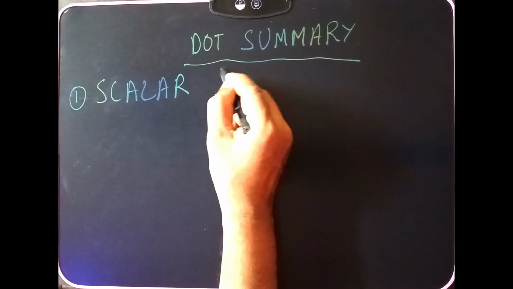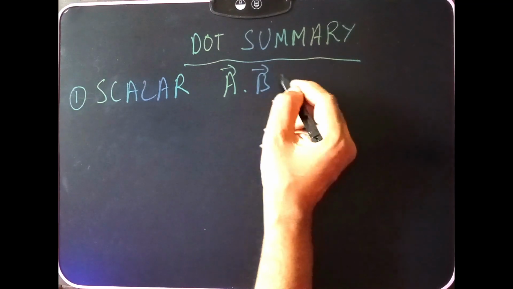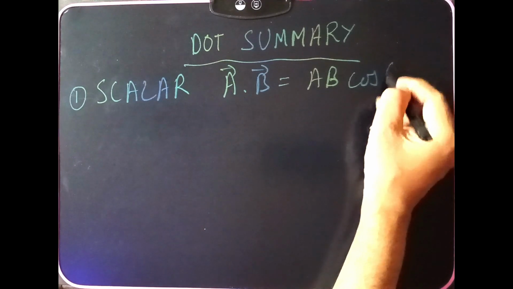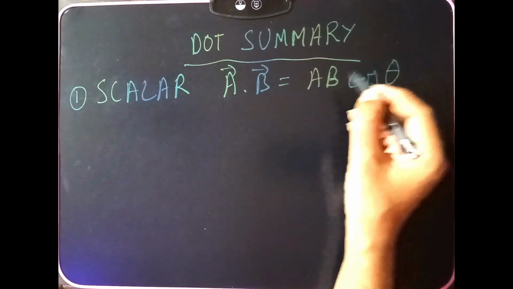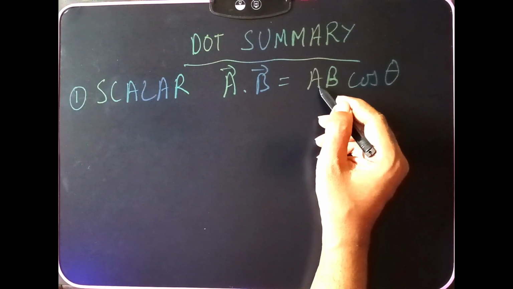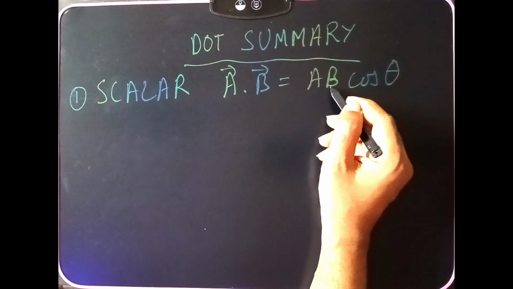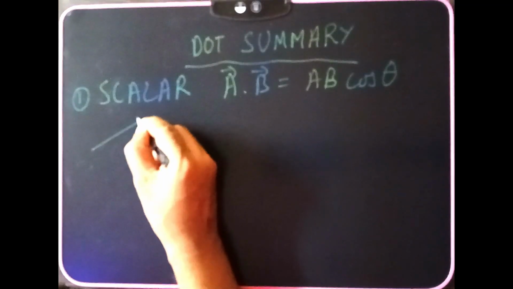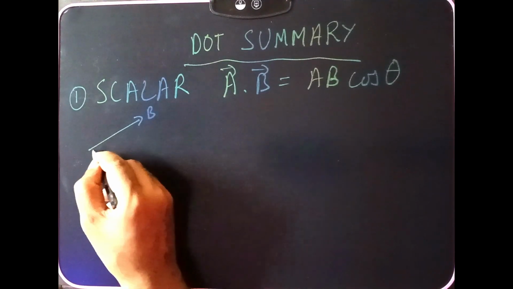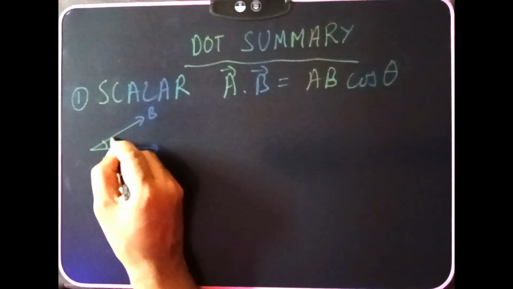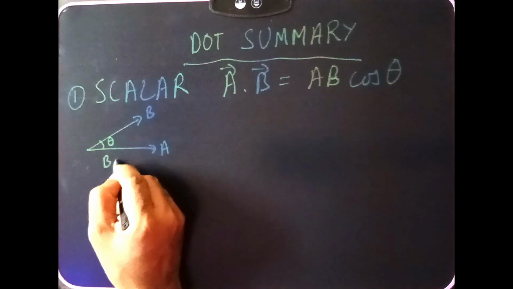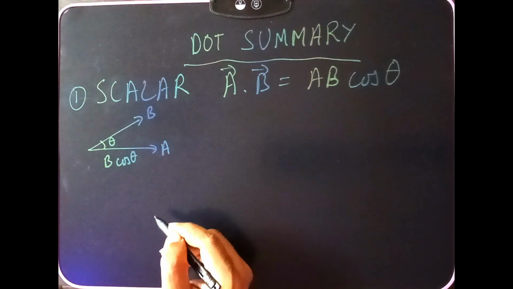So A dot B is given as AB cos of theta. So it's basically a projection of one of the components parallel to that particular vector. If you have B here and this is the angle theta and this was A, then the projection of B along A is basically B cos theta.